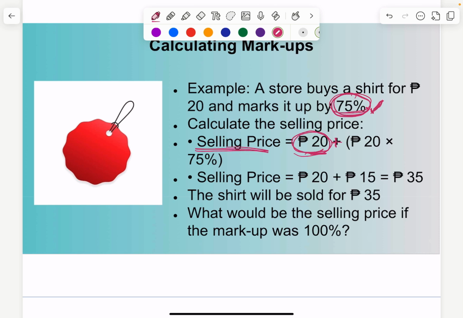So dugangan nimo og 75% of 20. Okay, so you'll have 20 plus what is 75% rather of 20, that is 15. So add them up, so you'll have your markup 35 pesos. This is your markup or this is your increase. So ninana ra siya kasayon.